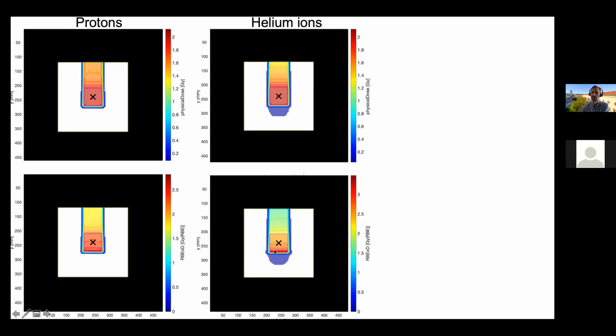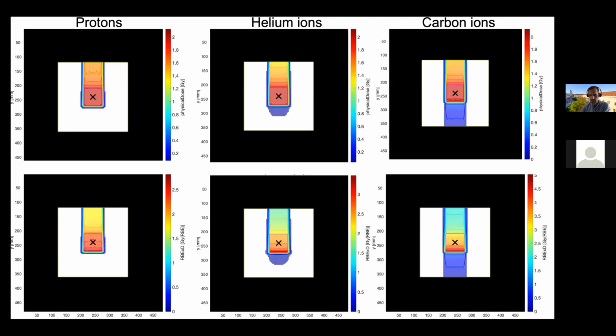So we again have a nonlinear RBE, and this results in an increased biological effective dose in the distal edge of our spread out Bragg peak. And last but not least, to complete the picture, I show you here in the upper right corner a carbon ion treatment plan.